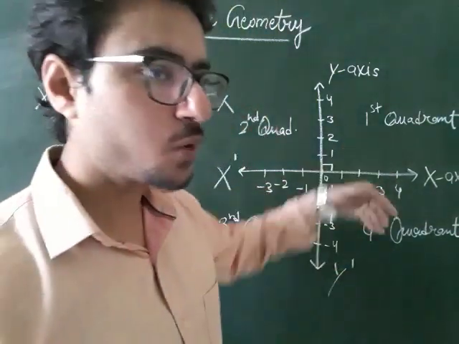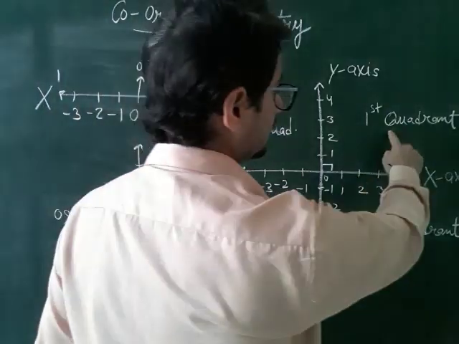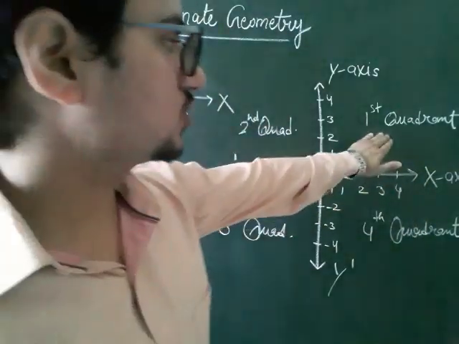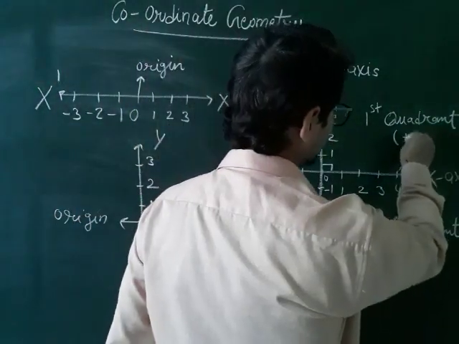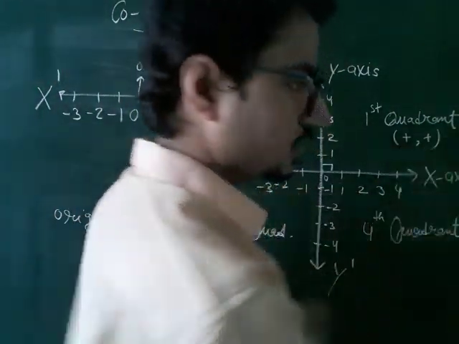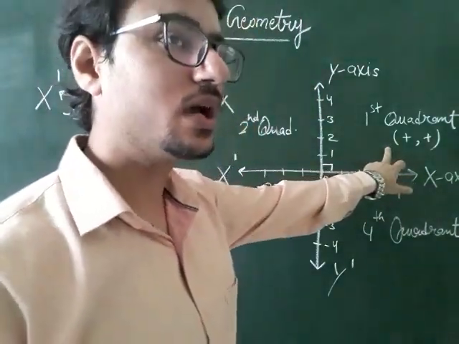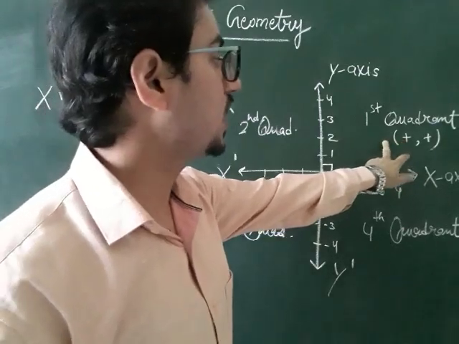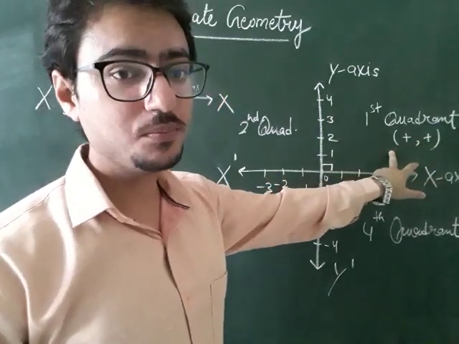Now we have a few properties of these quadrants also. The signs of the first coordinates are positive, plus plus. Why am I writing here plus plus? You will understand it later on, but simply you can ask a question here. Why have I written here plus plus, and how have I written here plus plus?